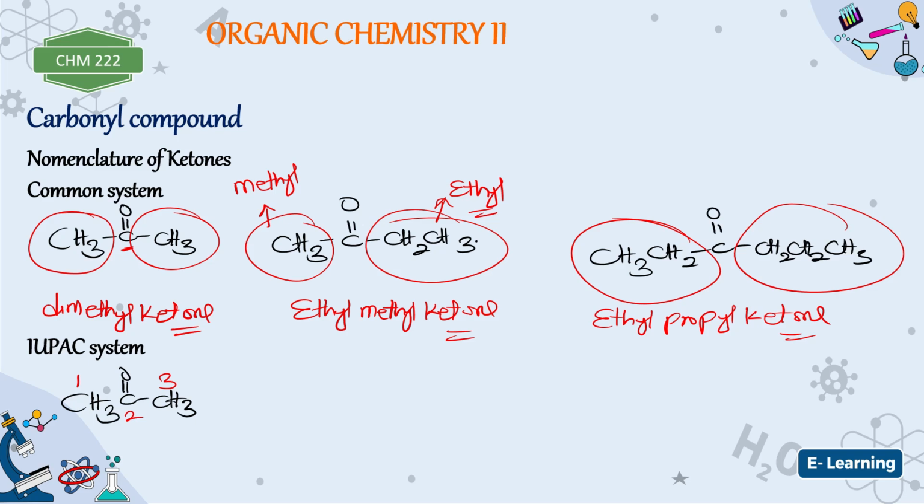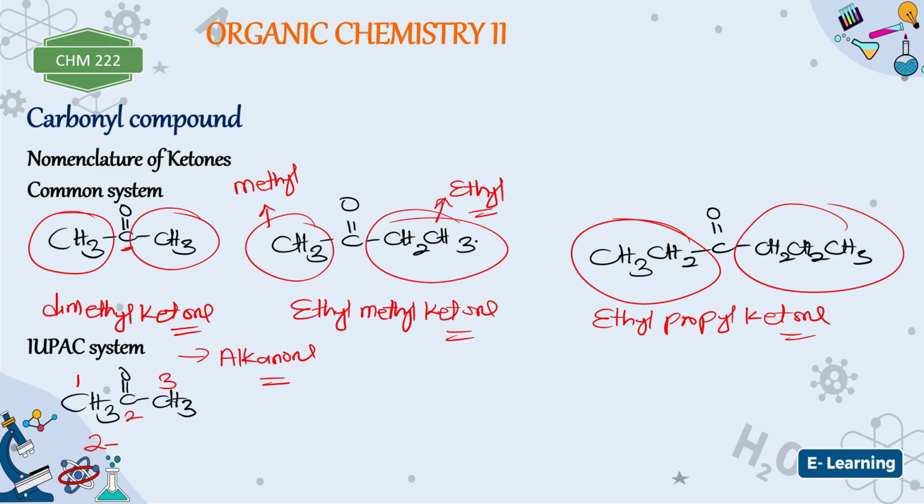At what position do you have this ketone group here? Position number 2. So you say this is 2. How many carbons altogether here? 1, 2, 3. Normally 3 carbons in alkane is propane, but because you are talking about ketones, which in IUPAC are referred to as alkanones, you just change the alkane name and put the one to it.